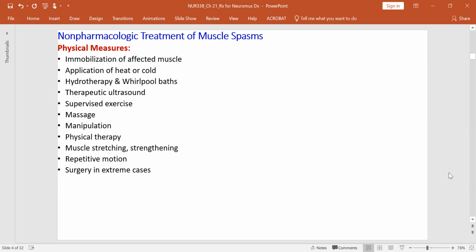Also, under CAM therapy, patients may prefer to treat minor muscle aches and spasm with herbal remedies, and applying some ointments or some type of OTC, over-the-counter medications, especially the capsaicin, which is very effective to treat muscle spasm and muscle pain, or castor oil and castor oil packs.